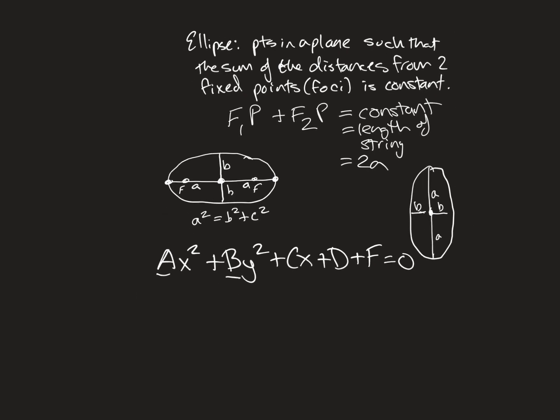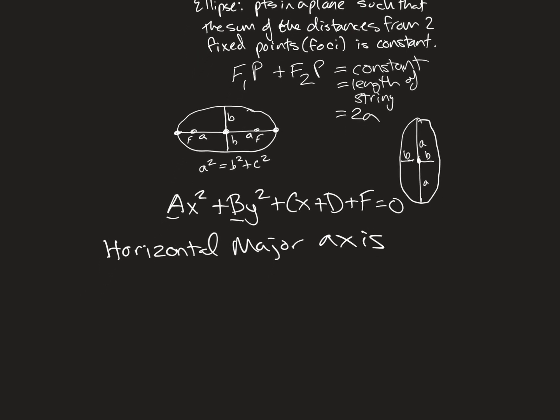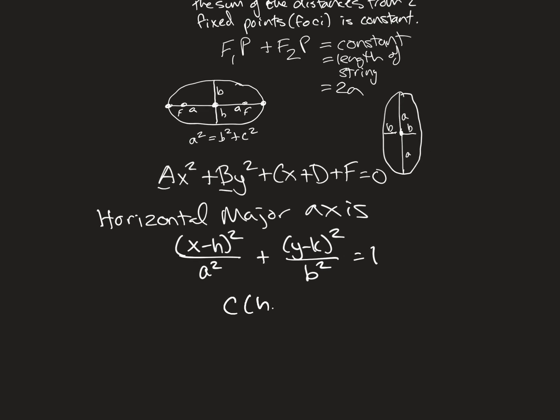Okay, so after you complete the square, let's talk about the two forms of the equation of an ellipse you could have. If you have a horizontal major axis, so it is longer in the horizontal direction, then you're going to have the following equation once you complete the square: (x minus h) squared over a squared plus (y minus k) squared over b squared equals 1, where the center is (h, k).